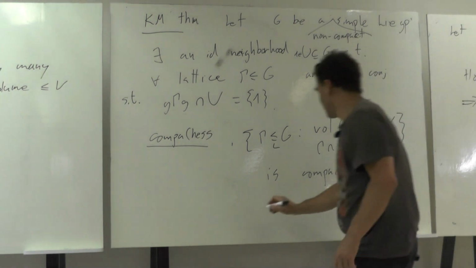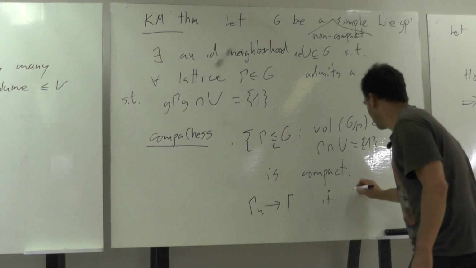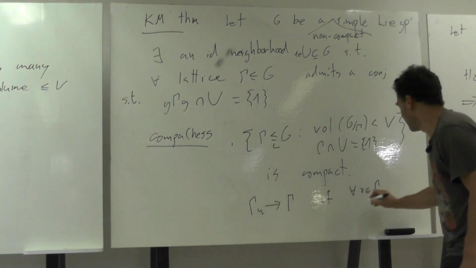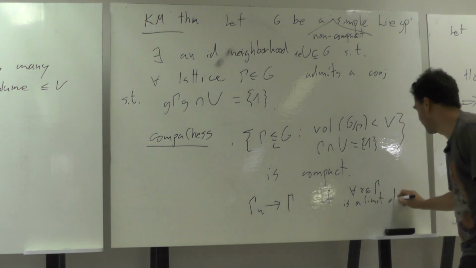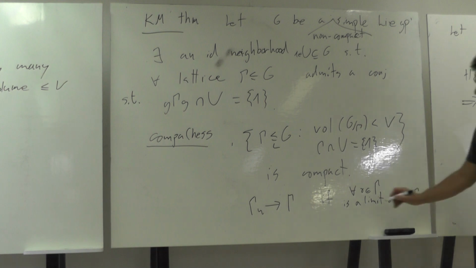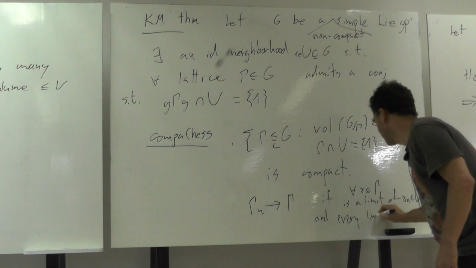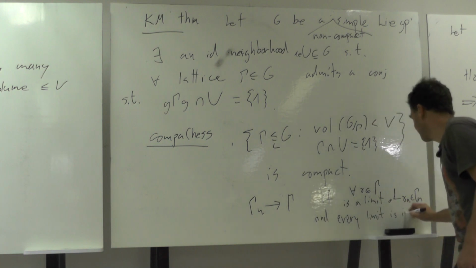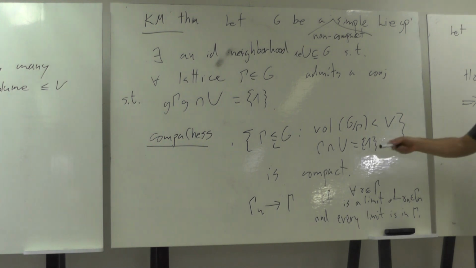Let's say that gamma n converges to gamma if every gamma in gamma is a limit of gamma n in gamma n, and every limit of a subsequence is in gamma. So this is a natural topology on closed subgroups.